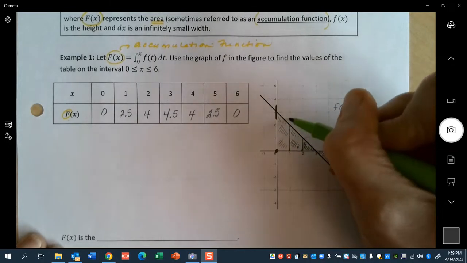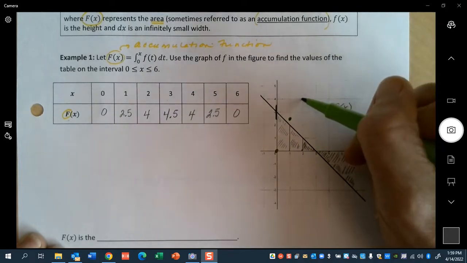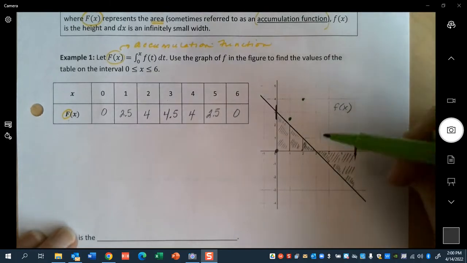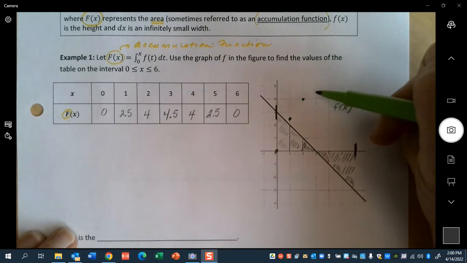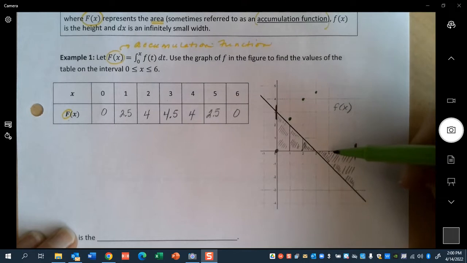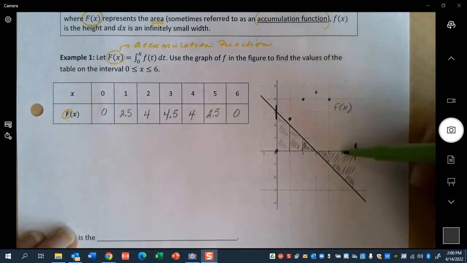Let's graph 2.5. We have 2. We have 3. 4. 5. 6.